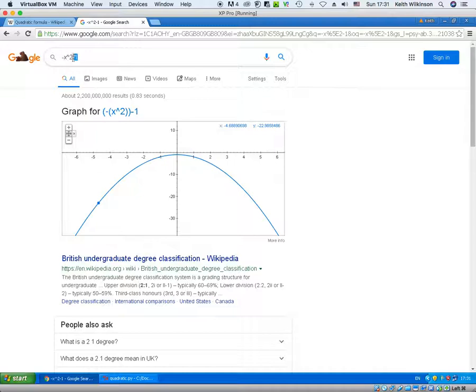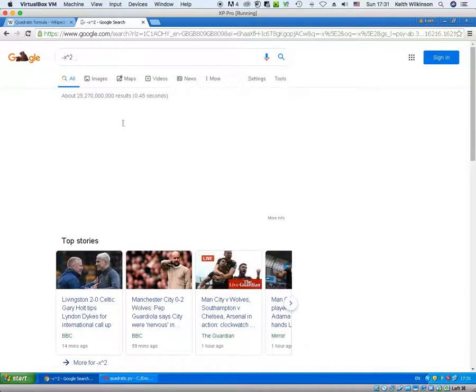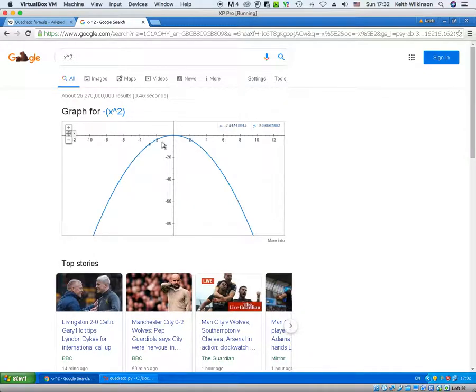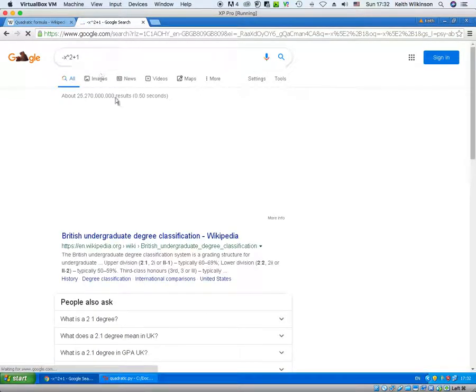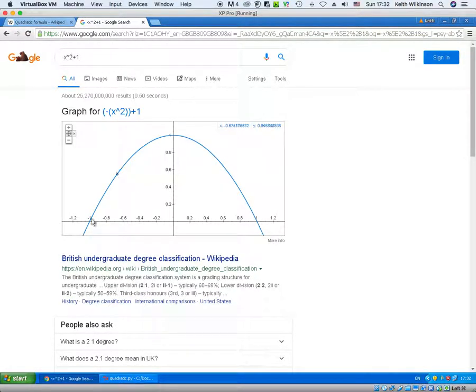And if I just choose minus x squared, it should just give us the single root. There you go, it just touches at that point, x equals 0, y equals 0, and obviously if I do minus x squared plus 1, then it should give me 2 roots, again at minus 1 and 1.